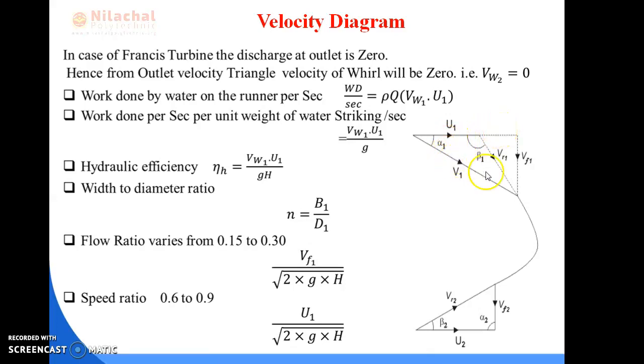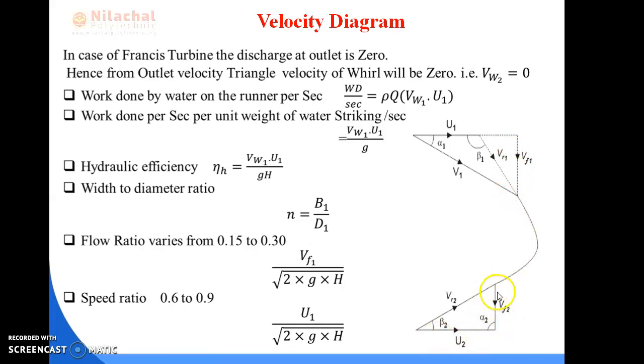So in this way, from the inlet velocity triangle, we have U1 equal to pi D N by 60, and here V1 is the inlet velocity, VR1 is the relative velocity, and VF1 is the vertical velocity component, or that is the flow velocity of water, and VW1, this is the horizontal component, that is your whirling velocity which is used for the rotation of the blade.